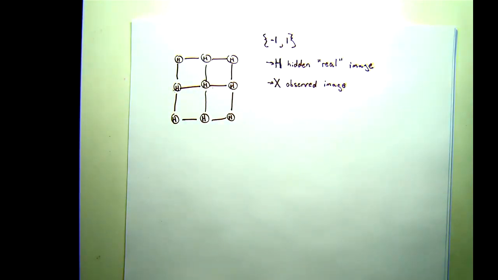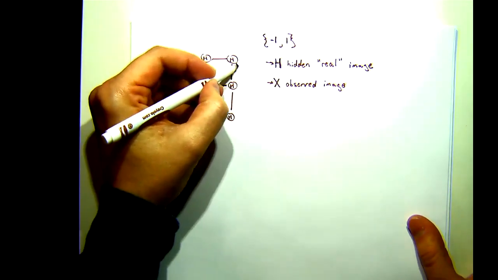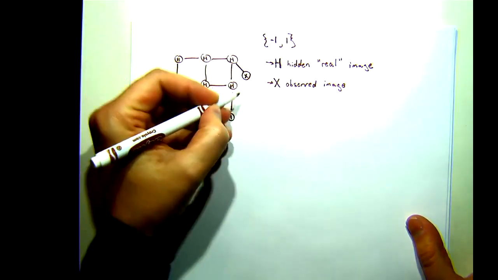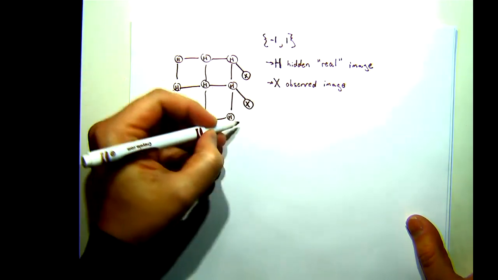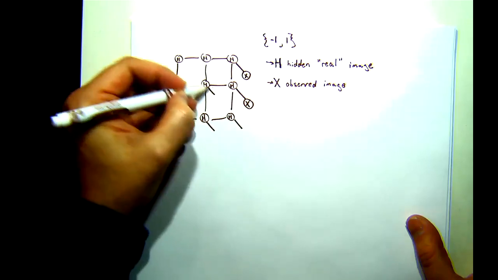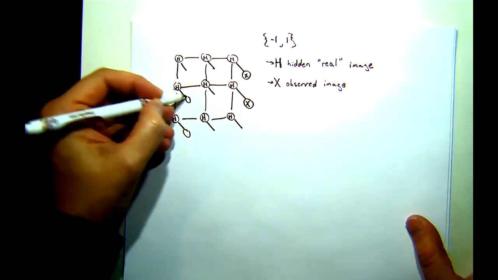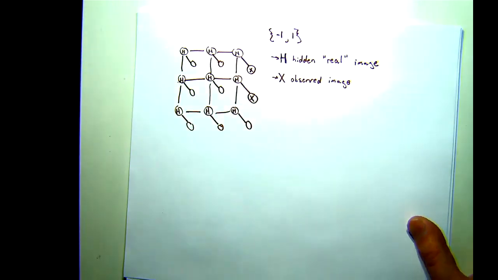That's the real image we want to recover. And then we're going to have another set of variables, which are the X's. Connected to each pixel is the observation that went along with it. So does that make sense?